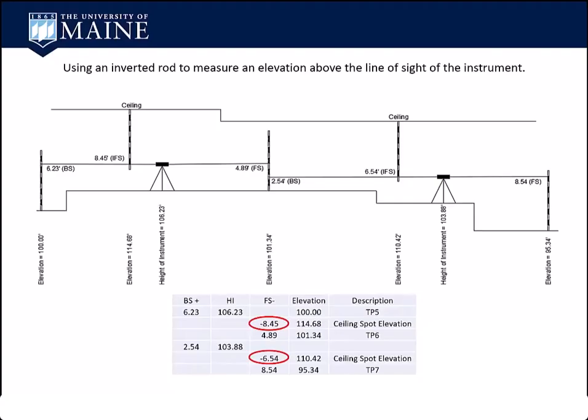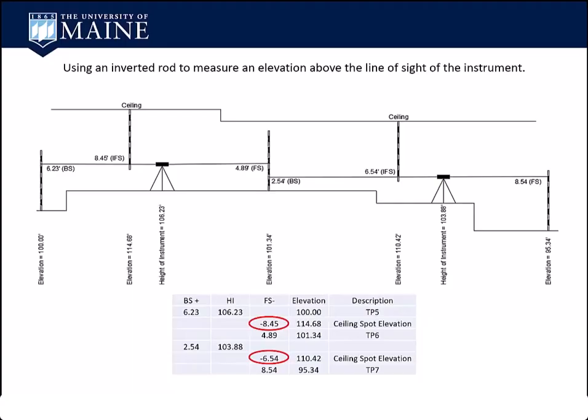But in your notes, you'll note that it's inverted by putting a negative sign in front of the reading, and that tells people that was the elevation of something above the horizontal plane of the level.